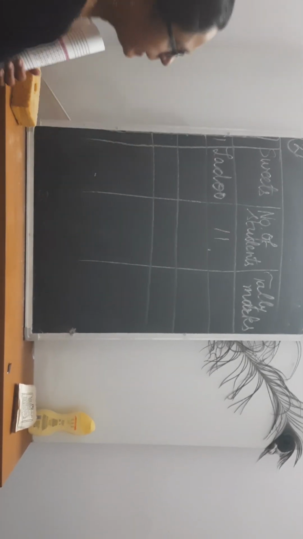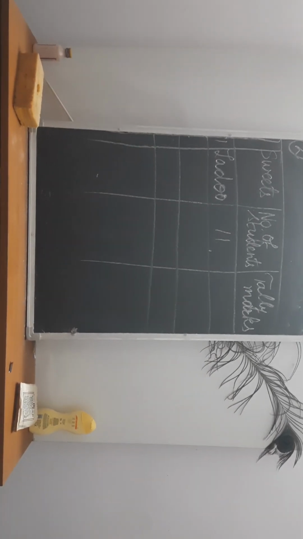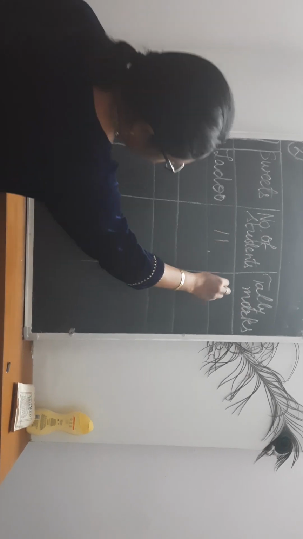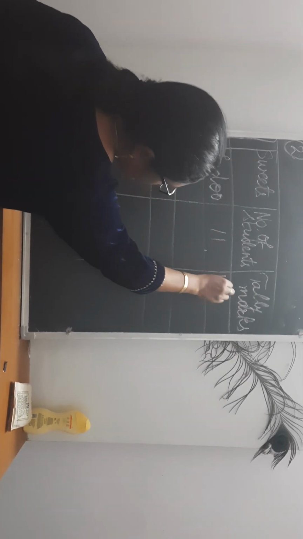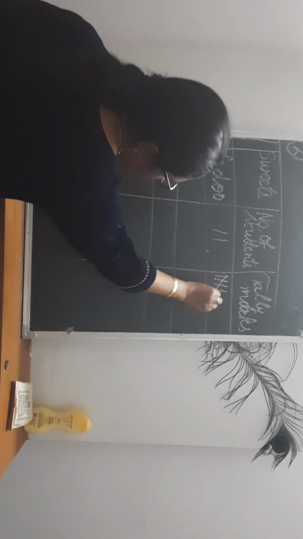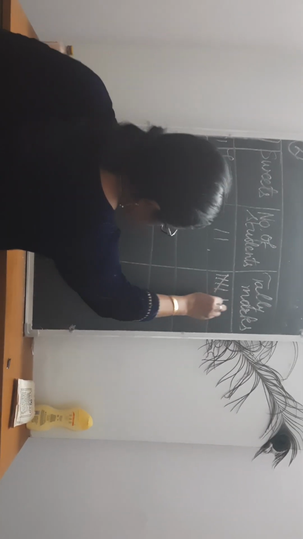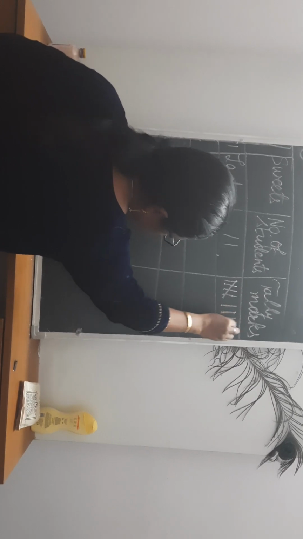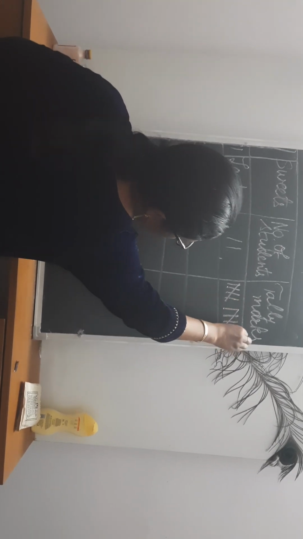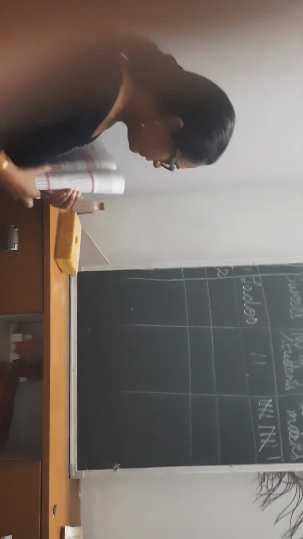The number of students who like laddu is 11. But how do we write this in tally marks? 1, 2, 3, 4, 5, an oblique line makes 5. Now 6, 7, 8, 9, 10 and 1, 11. So we got 11.